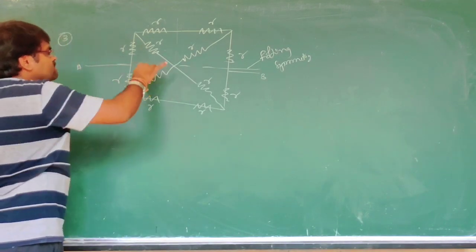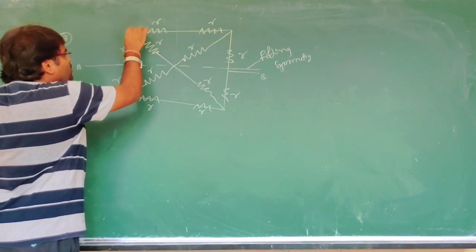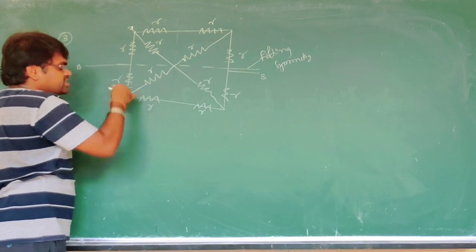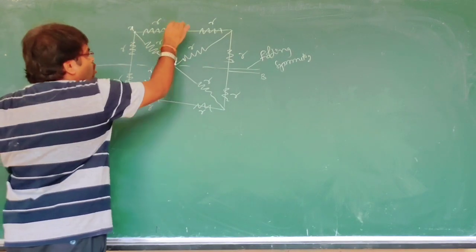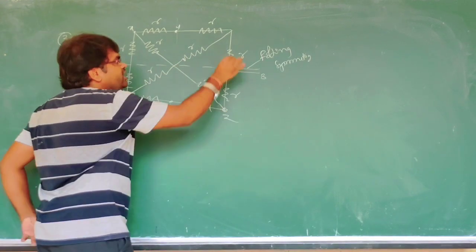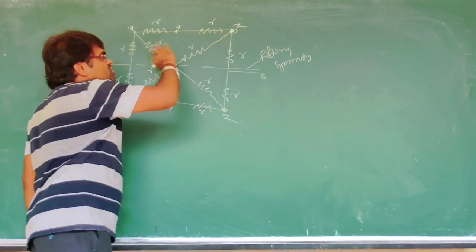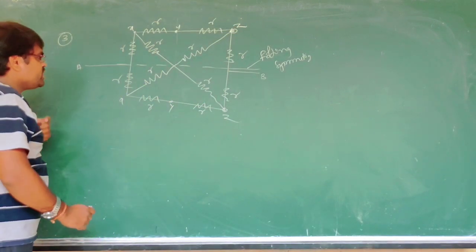See, then folding this, because here X, same potential points are connected to the same point, Y, and it is Y. Here Z, here Z, then folding, it means what?